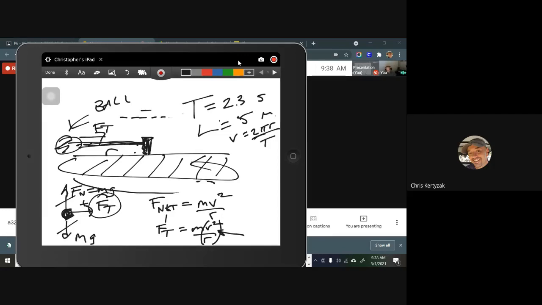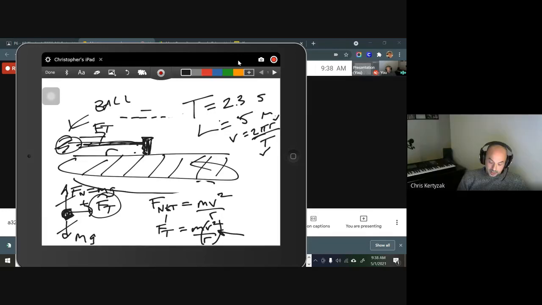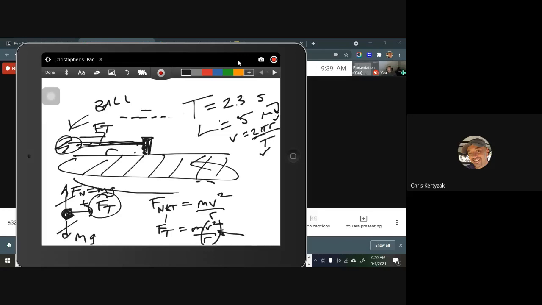So if they've given you T, like I've described, you can plug in L for R. You could just do 2 pi times 5 divided by 2.3 and get V. Or you can model it by just putting 2 pi r over T straight in for V. So just reminding you on that.